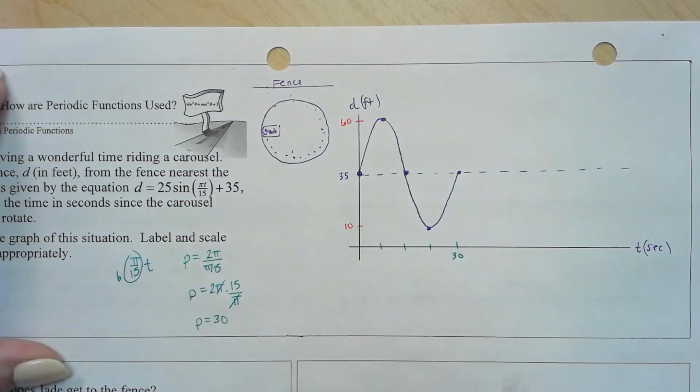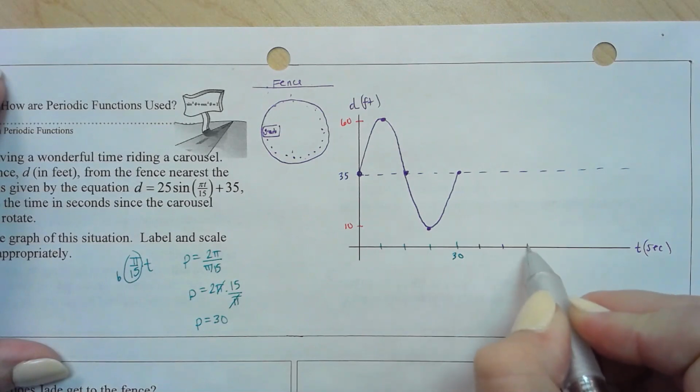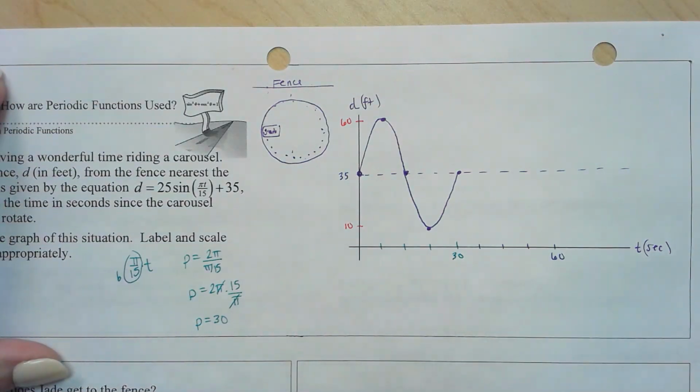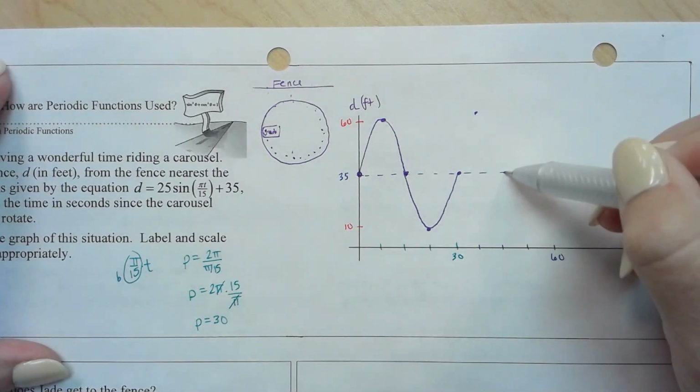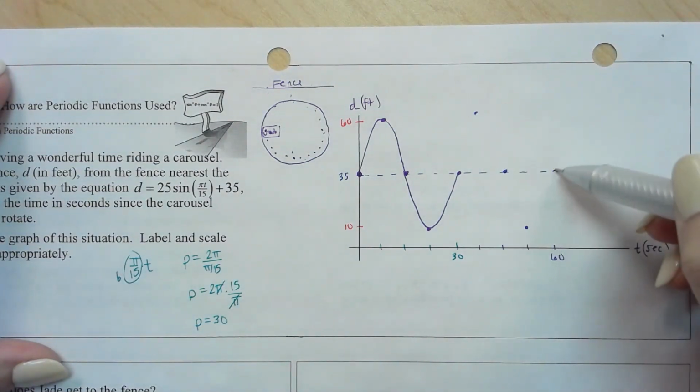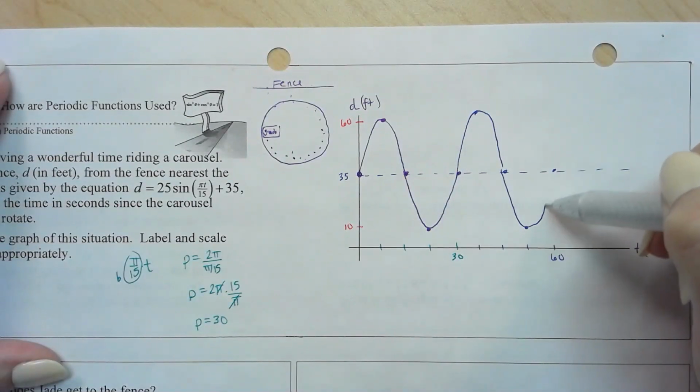There's one complete sine graph, and that took 30 seconds. So we could do it again, and now I'd be at 60 seconds. Same graph, right? Just now we're doing it again. Because Jade's going to go around this carousel probably more than once, isn't she?